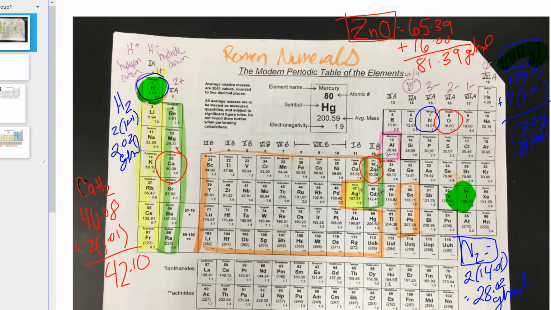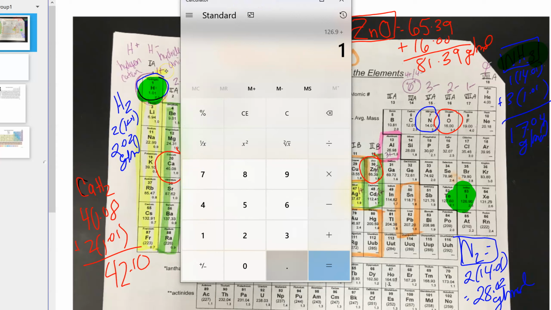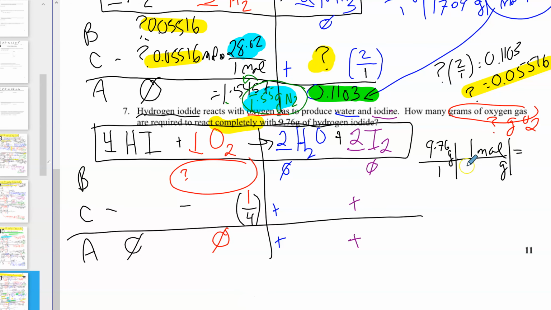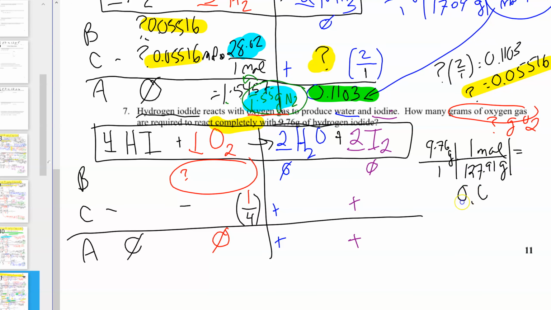Iodine is right here. So we've got to take 126.9 plus hydrogen, 1.01, 127.91. So how many moles of HI am I actually starting with? We got to take the 9.76, divide by 127.91, and we're going to have 0.0763. And that's how many moles of HI I have to start.